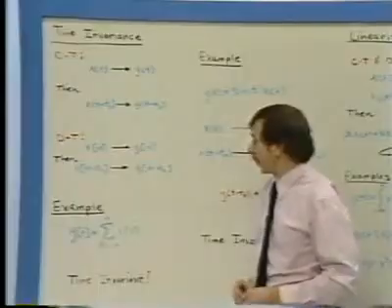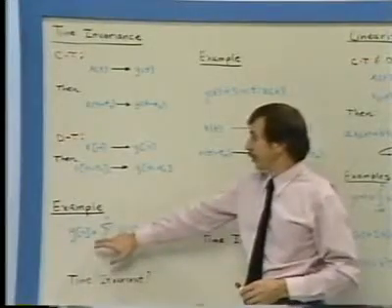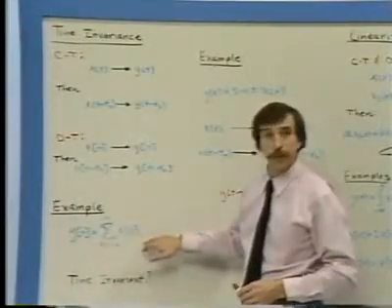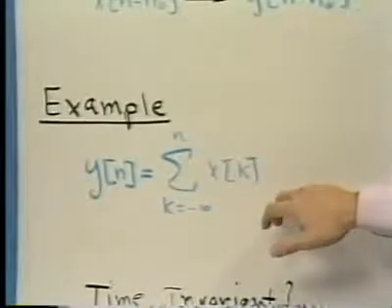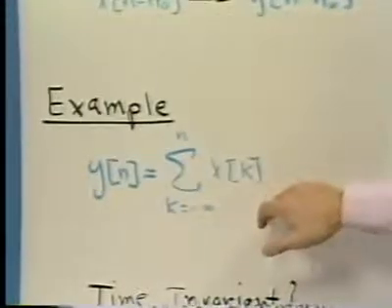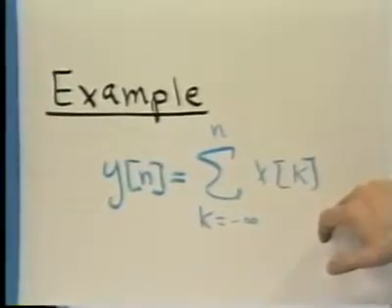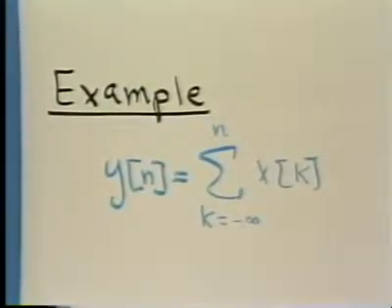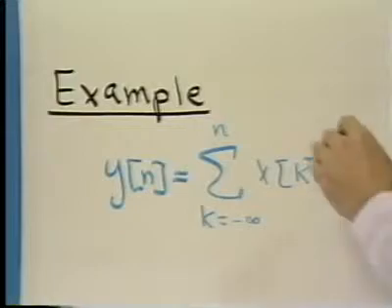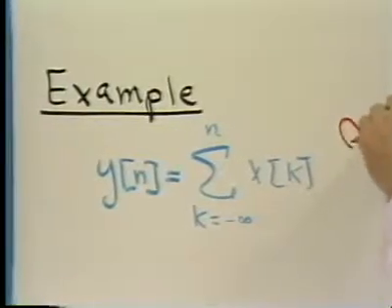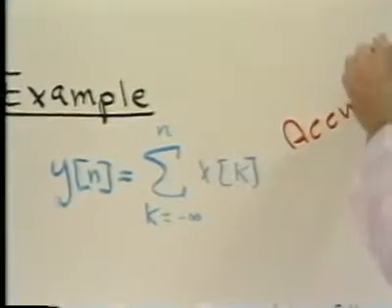For example, if we have a system which is the system I've shown here, which, by the way, is the system that we talked about previously to go from an impulse sequence to a step sequence. We called it a running sum, and actually what it's also often called is an accumulator.